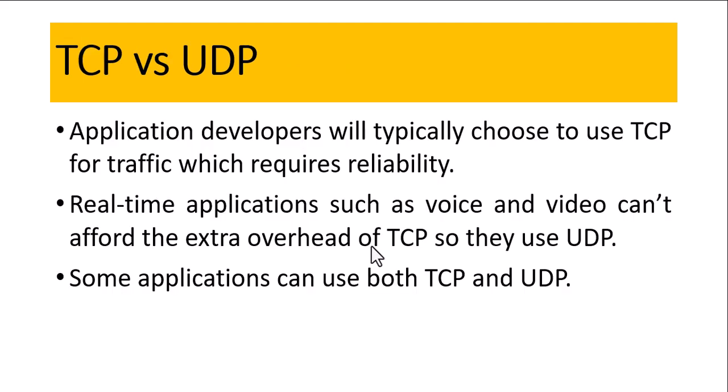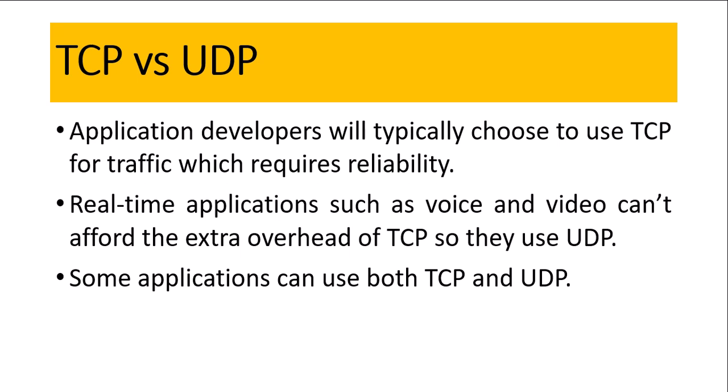If we compare TCP and UDP, we can see that application developers will typically choose to use TCP for traffic which requires reliability. Whenever we require reliability of the data, we choose TCP over UDP. Real-time applications such as voice and video cannot afford the extra overhead of TCP, so they use UDP.